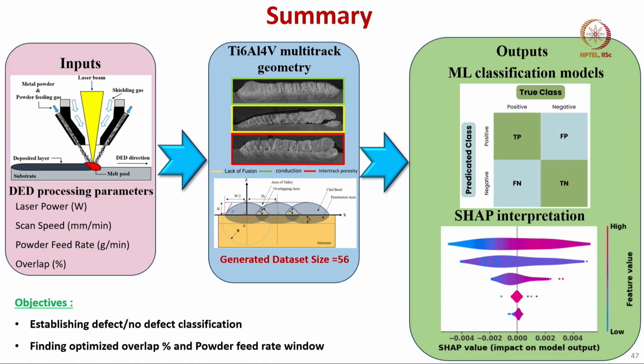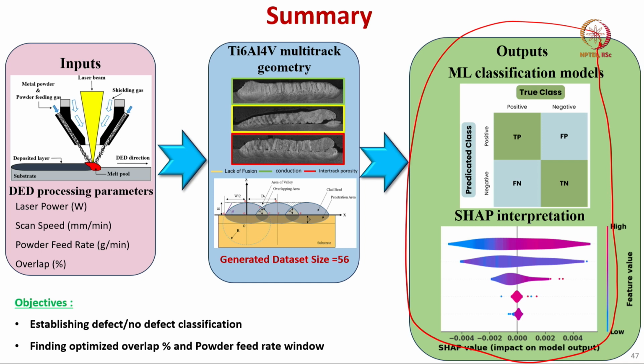So, this is the summary. You have the one set of input parameters, the DED process parameters, and the geometry will be multi-track geometry, and then we have already mentioned the overlap percentage, the penetration area and so on. For output parameters, we wanted to know which classification model fits best in terms of predicting what kind of defects one can expect when a combination of different DED process parameters is used in real life.